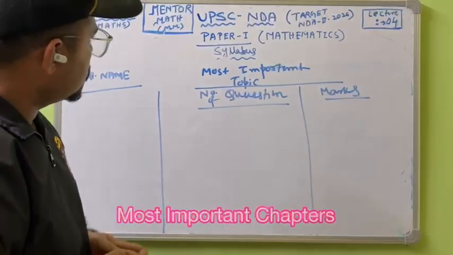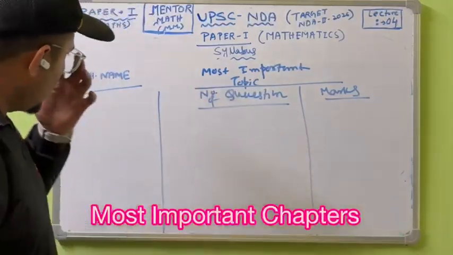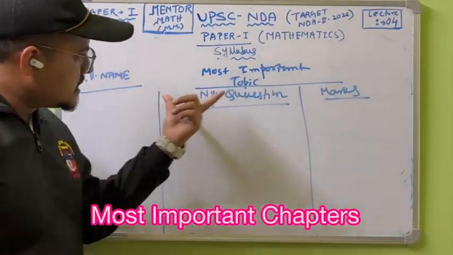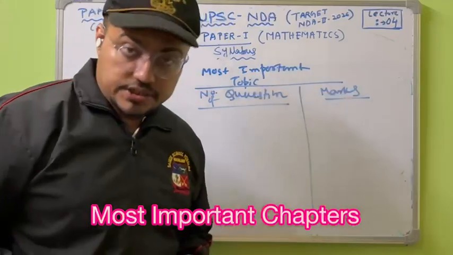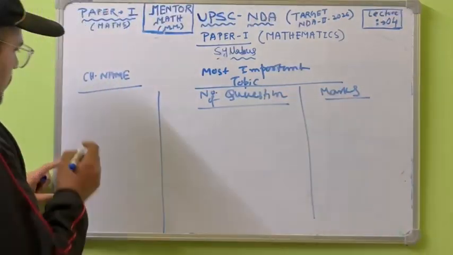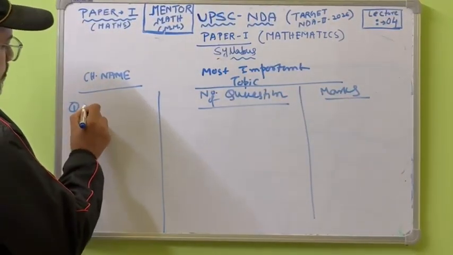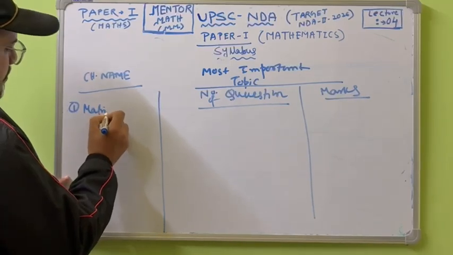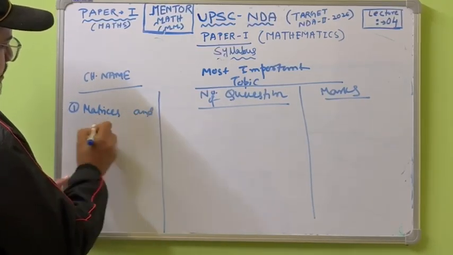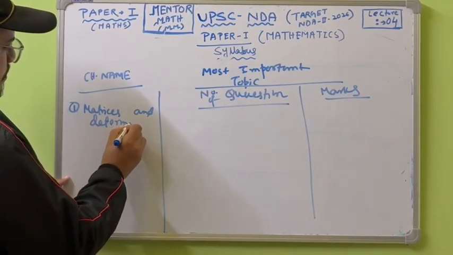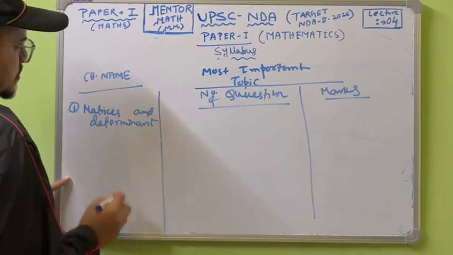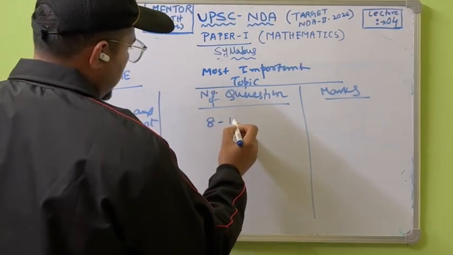Now comes your most important topic. You can see the chapter name, the number of questions, and the marks. Okay, so the first and most important chapter is matrices and determinants. From these chapters you can see 8 to 12 questions.